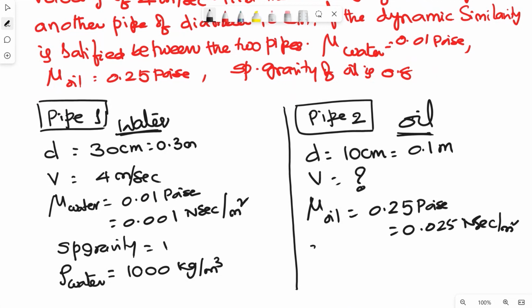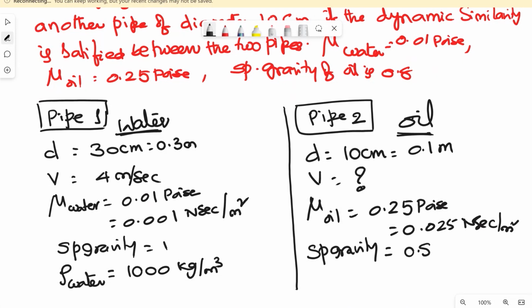Then the rest is specific gravity, which he has given as 0.8. So therefore rho oil is equal to 0.8 into 1000, so it is 800 kg per meter cube.